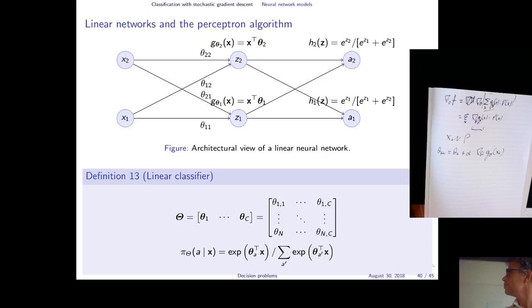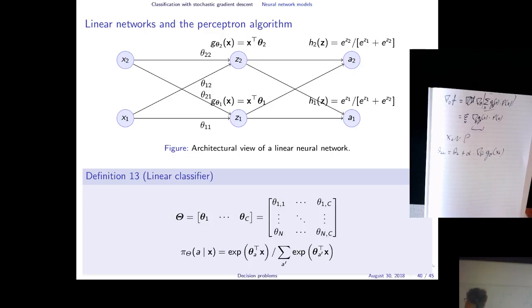But let's go through that. And the other thing is, why would you want more layers in your network? What do you think? Let's say you want to build a classifier, and you have two data types like this.